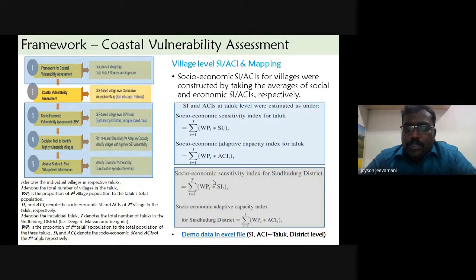After determining the taluk level sensitivity index, we used it again for the district level estimation, where the taluk population proportion is multiplied with the sensitivity index and adaptive capacity index, and then they are added up. This is how we estimated the village level, taluk level, and district level.